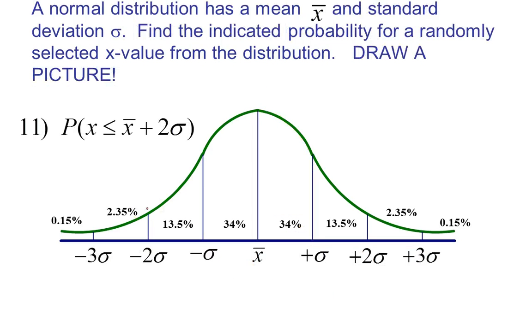Alright, new problem. A normal distribution has a mean of x bar and a standard deviation of sigma. Find the indicated probability for a randomly selected x value from the distribution. Draw a picture. So look, they didn't give us any specific numbers. They just gave us x bar and sigma.